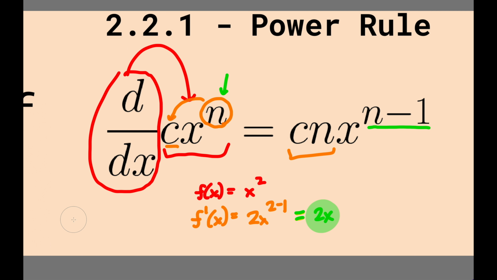So you're bringing down the power to multiply it with whatever number is in front. Now it doesn't look like there's a number in front on this one, but there really is just a 1 here, it's just hidden. So you're multiplying the 2 by 1 to get the 2 here, and then you're subtracting 1 from the power to find the derivative. Okay, so that's basically an easy example of using the power rule. Whatever the power is, you just bring it down and you multiply.